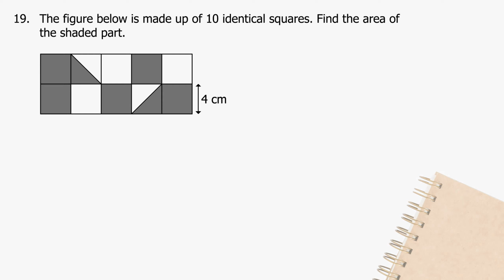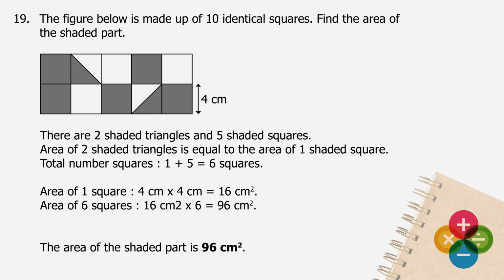Question 19. The figure below is made up of 10 identical squares. Find the area of the shaded part. There are 2 shaded triangles and 5 shaded squares. The area of 2 shaded triangles is equal to the area of 1 shaded square.